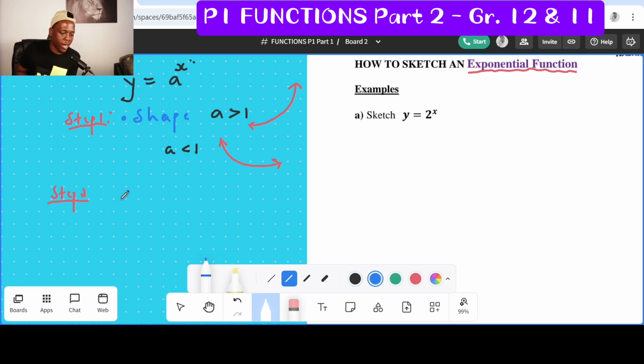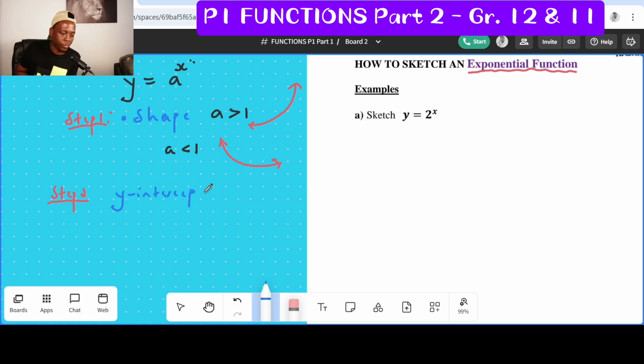So this is going to have the y-intercept. At the y-intercept, we're going to let x equal to 0. There is no x-intercept. What it means is that the x-axis is going to be acting as a don't touch line. It's going to be acting as an asymptote, which is actually the horizontal asymptote.